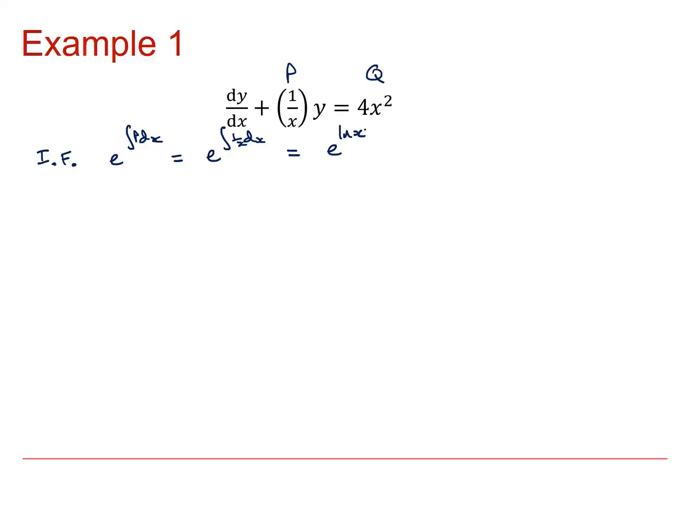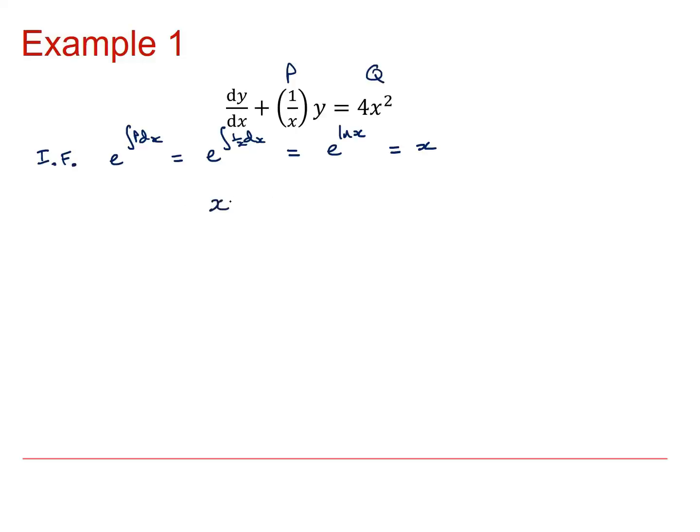I don't need a constant of integration here, and indeed if I did have one, it would just throw a constant in at the end, and that would multiply right the way through and cancel out. So that is just going to be x. So my integrating factor is x, and in fact this is the integrating factor we were given for this equation in a previous video, but let's work it through anyway.